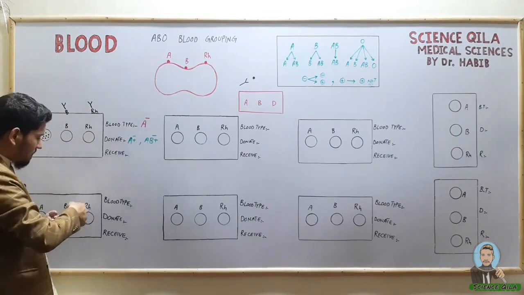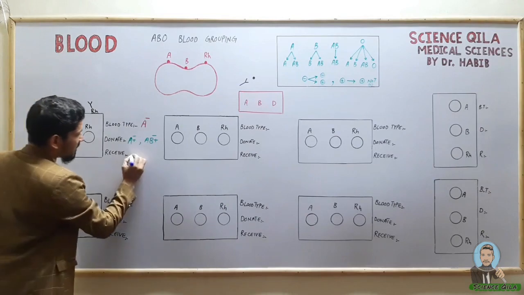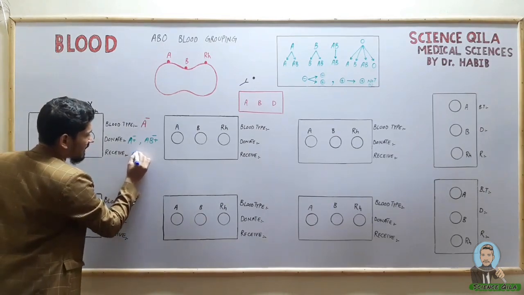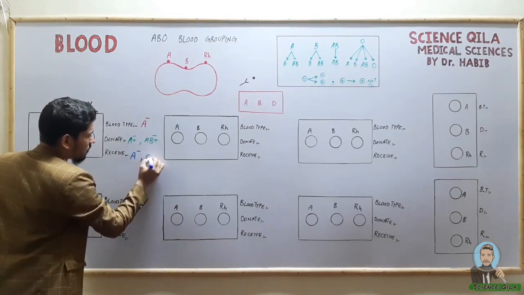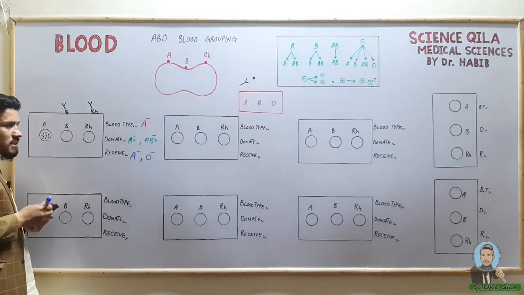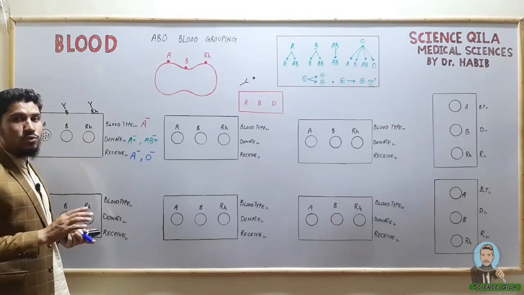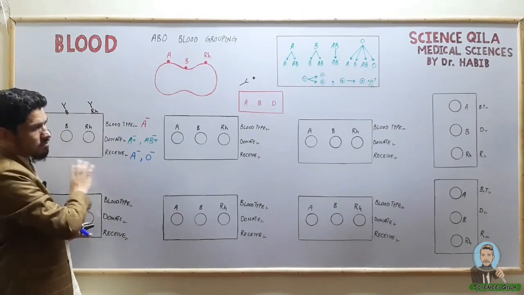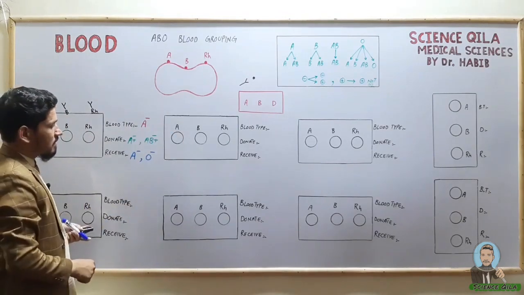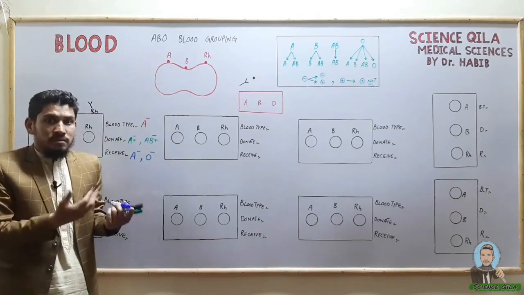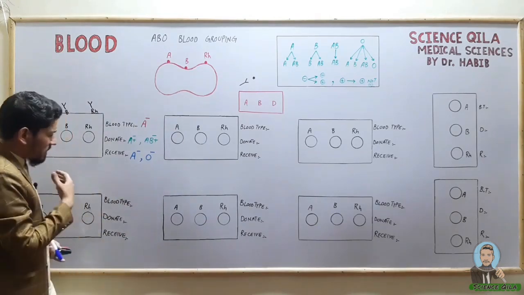So it can receive blood from A negative and O negative. O negative will come in all cases because an O negative blood type patient is a universal donor. We'll check that in the last case. So here, it's very simple, and let's proceed to the next example.